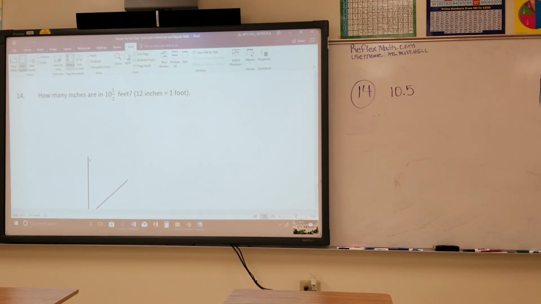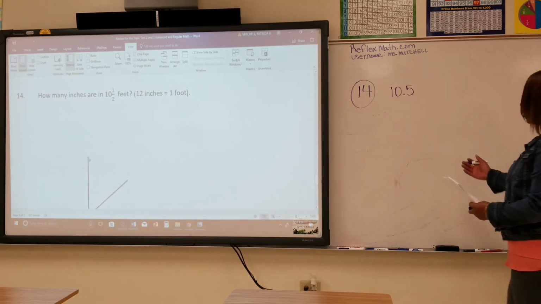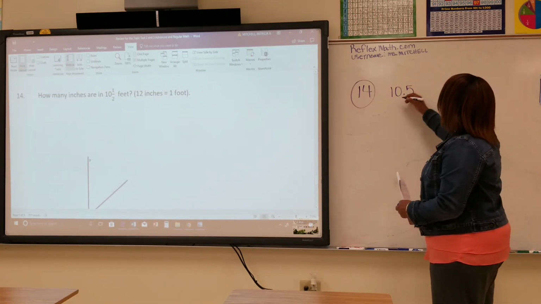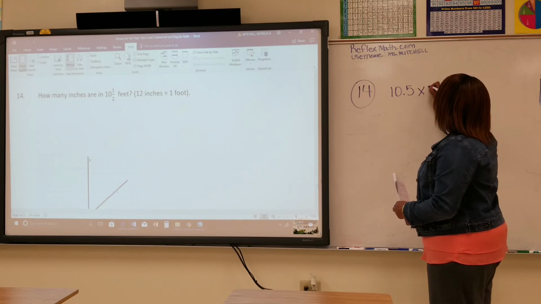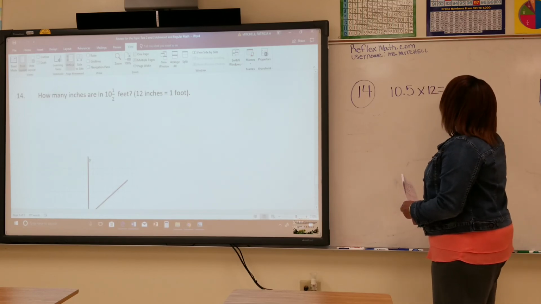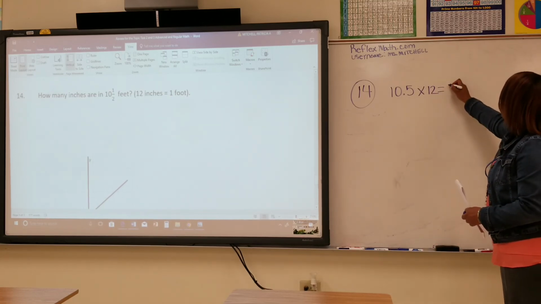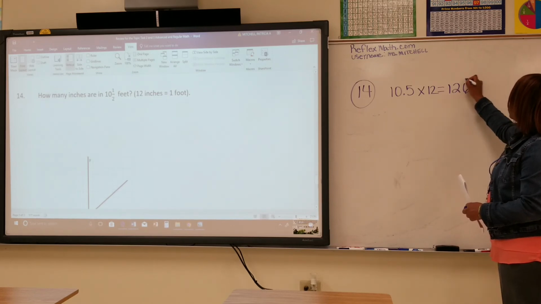But here, we're going from feet to inches. So now we have to multiply. So when we do that, we have to now multiply 10.5 times 12. And that will give us 126.